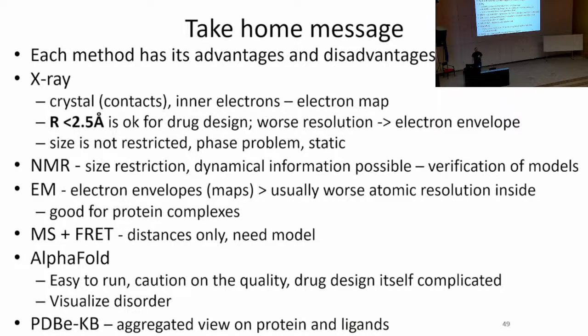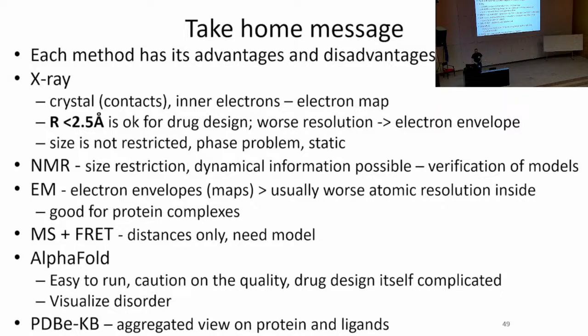In case of NMR, it can give you more information about the unstructured parts, and it gets you more technical information. With mass spectrometry, you can use the information to check whether the protein complex is right or not.